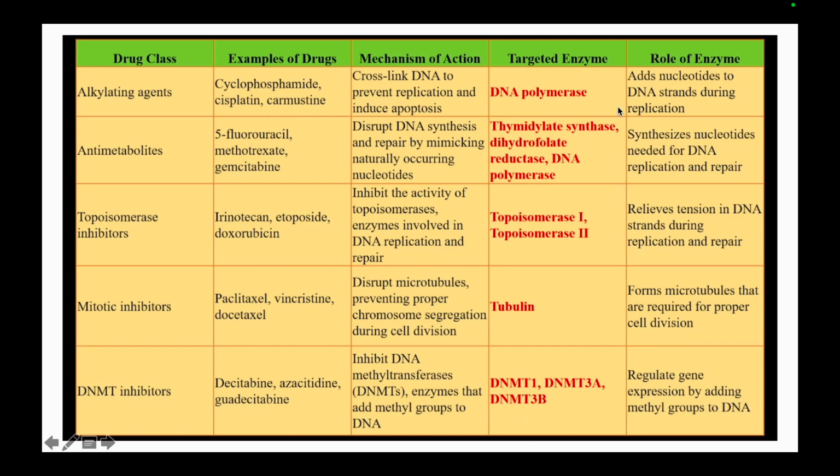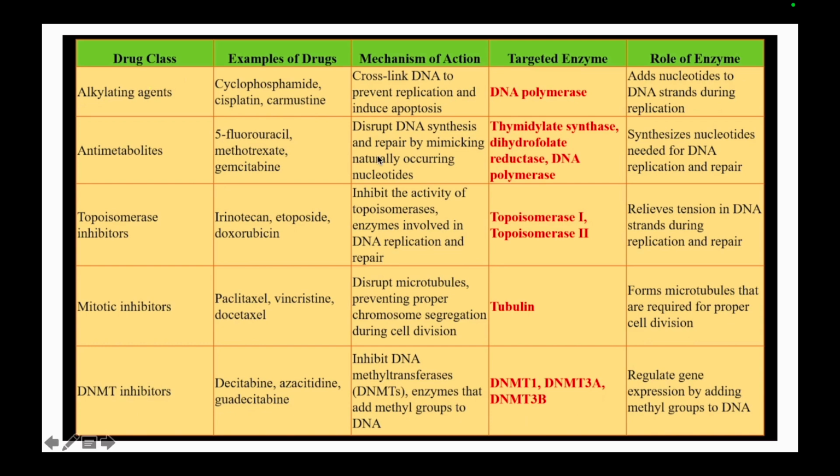So that targets the DNA polymerase enzymes. As we know, cancer cells are rapidly proliferating, so there will be more DNA polymerase in action. These drugs will target the DNA polymerase enzyme and stop the cancer proliferation. Then we have different anti-metabolites like 5-fluorouracil, methotrexate, and gemcitabine.